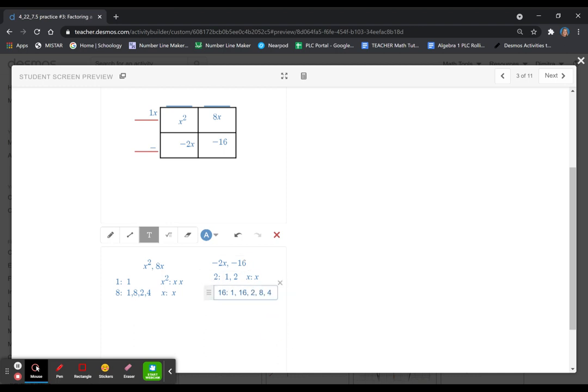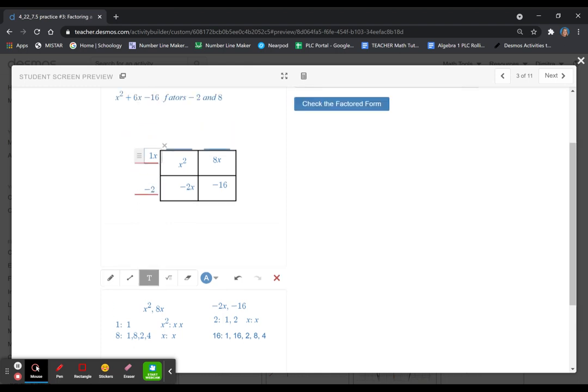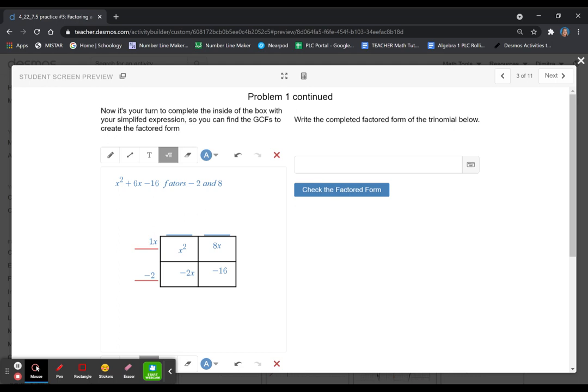So the only thing that these two terms have in common is a 2. Do you see this? They both have a 2 in common, so this is going to be negative 2. Okay, so my first binomial is 1x minus 2.